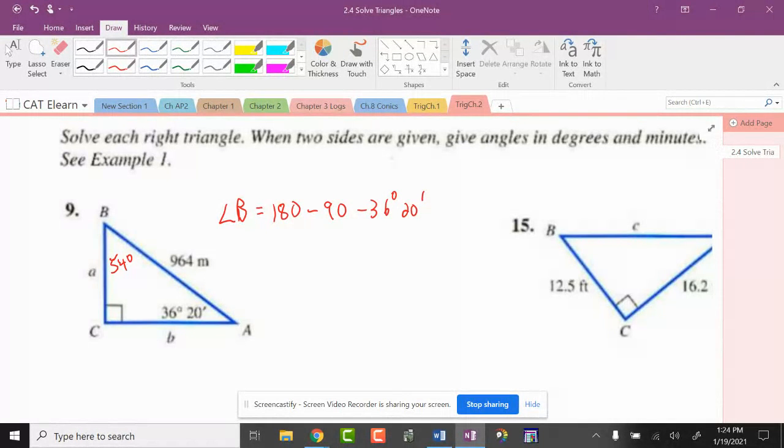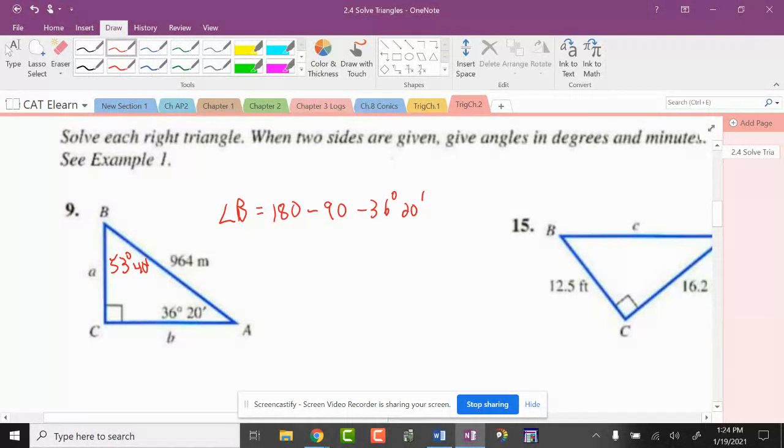So again, I'm doing this subtraction in my head. So I have to borrow a degree, not really borrow a degree, but now that's 89 degrees 20 minutes. And then all I need is 40 minutes left over in order to make up that 90th degree there.